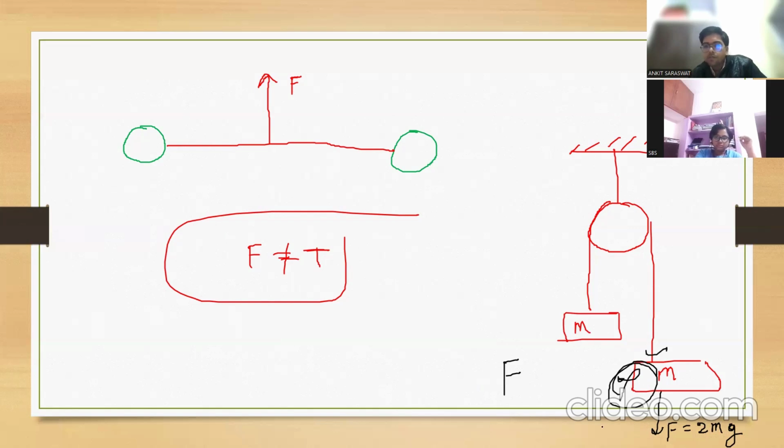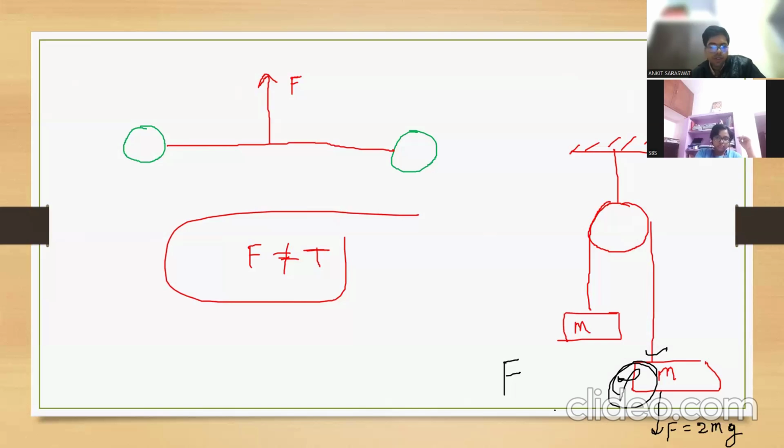Okay, understood? Directly, you should take a string and pull it down. Then you can say force is equal to tension. In between you and the string, somebody is coming, like here, a block is coming. We can't say that force is equal to tension in a string.